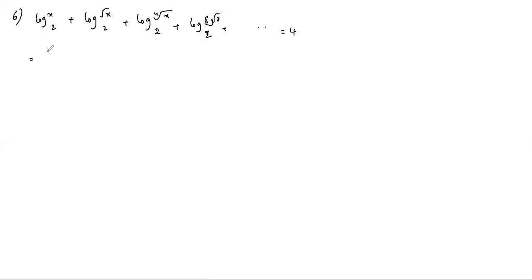See, log x base 2, I am writing the same. See here, x power 1 by 2, 1 by 2 we write outside. Same property, now only we discussed. We can take it outside the logarithm or inside the logarithm. Log x power m base a equals m into log x base a.